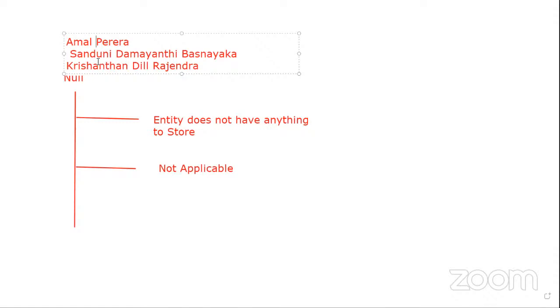So you can give it as a null value. If you take several columns, like the first name, and one value is missing, you can put it as null.